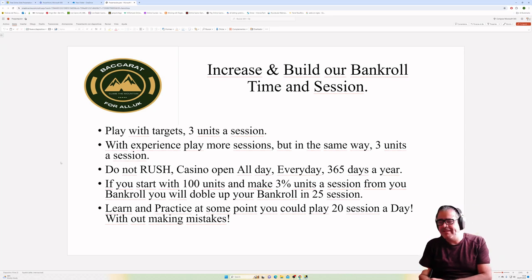Now I'm playing online, I try to make 10% of the money that I am gambling, or at least. Like if I have £100, I would like to make £10. If I have £200, I try to make £20. Sometimes I try to make £25, so it's like 12.5%. If I have £200, I try to make £25 per session. So that is what I try to do.